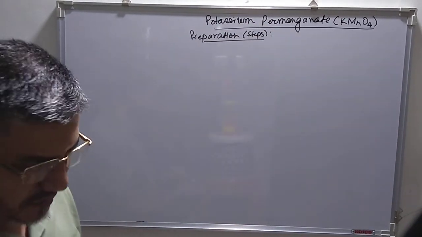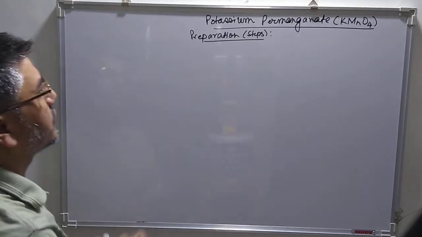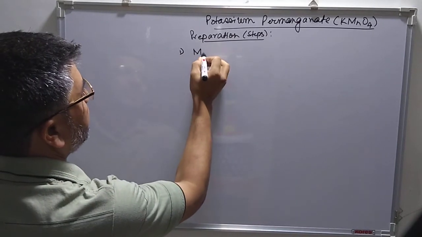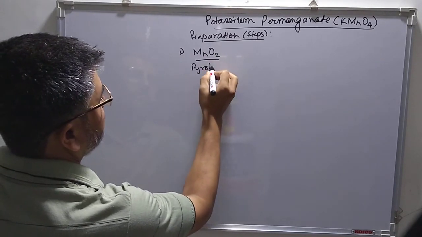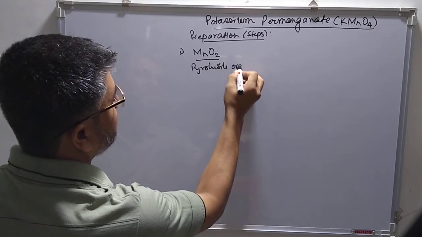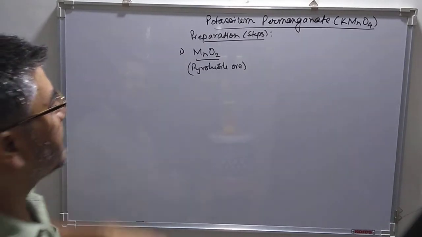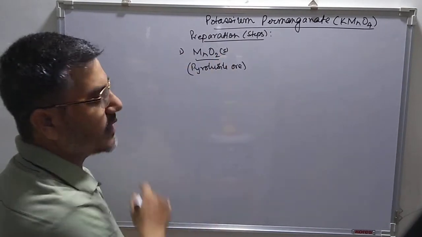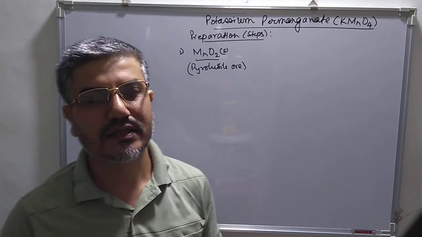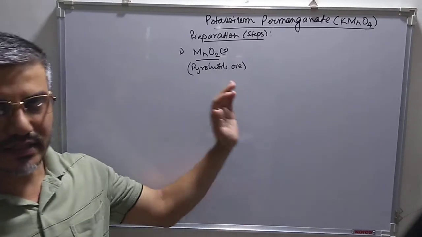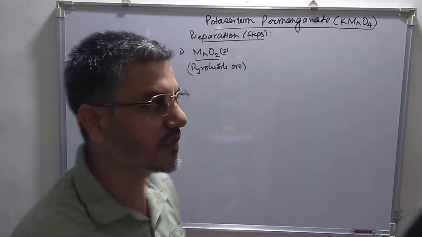Potassium permanganate KMnO4 is prepared from pyrolusite ore, that is an ore of MnO2. This MnO2, manganese dioxide, is fused with alkali in presence of an oxidizing agent like potassium nitrate or aerial oxidation.